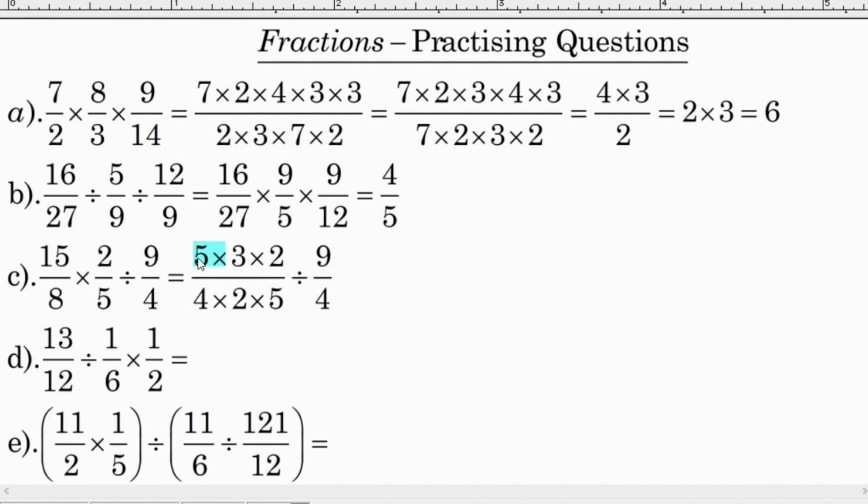Then we just get this out and this out, and 2 at the numerator and 2 at the denominator also cancel out. Okay, so then that means the multiplication of 2 fractions here equals 3 divided by 4.